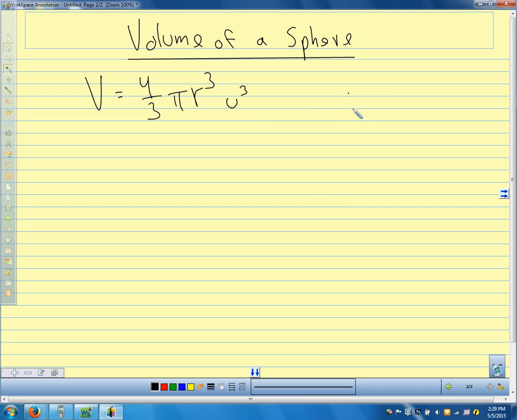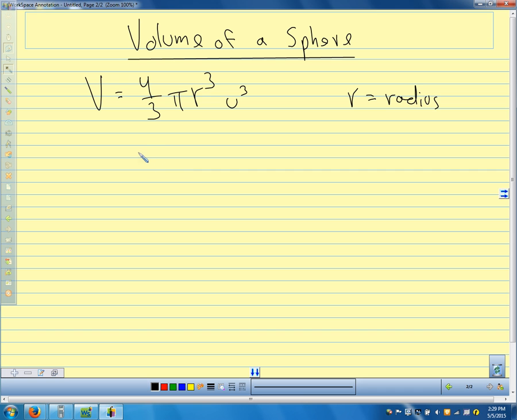And r is just our radius. I can do this 4/3 a couple of different ways. Usually I just multiply by 4, calculate this out, and then divide by 3.